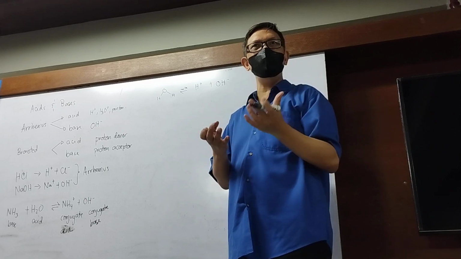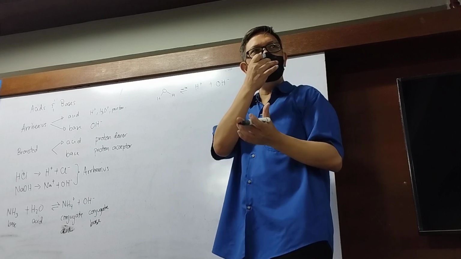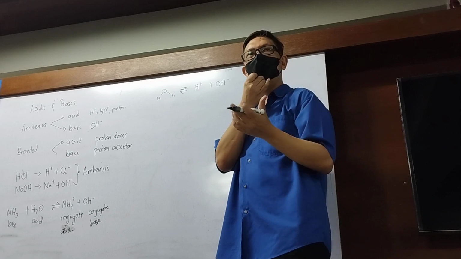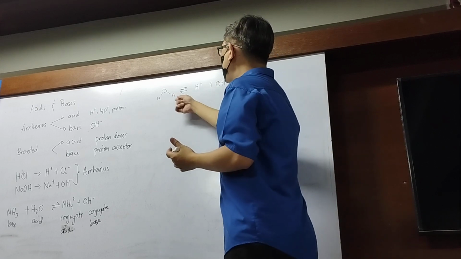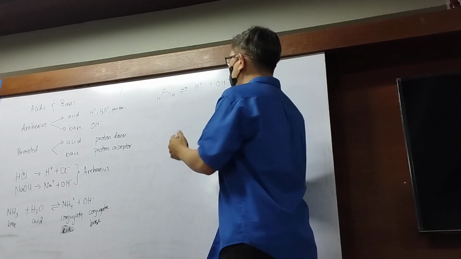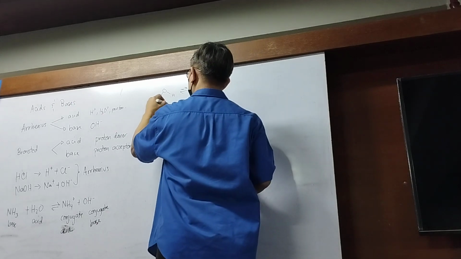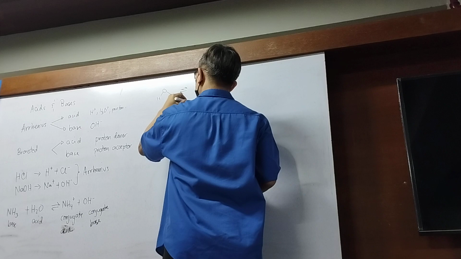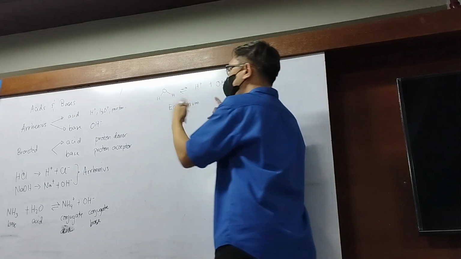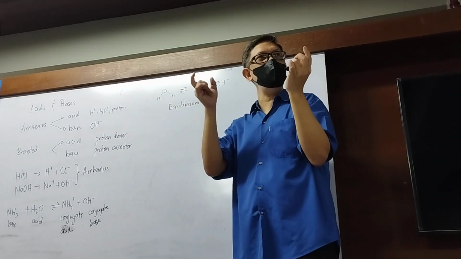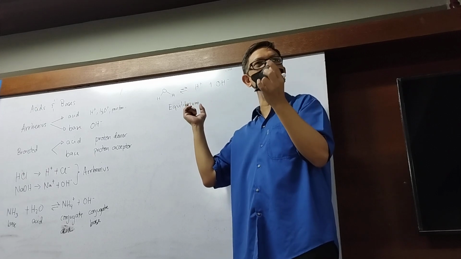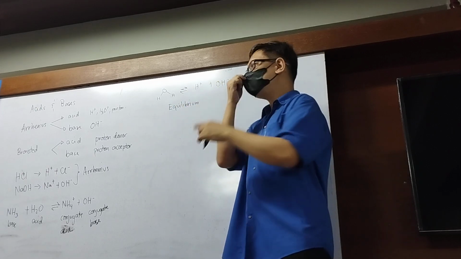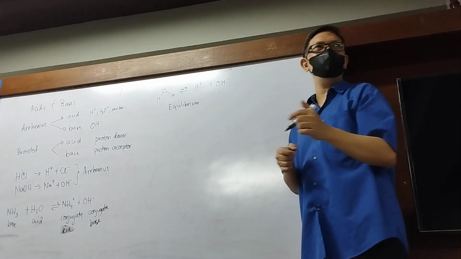Even if the water is distilled water, there is H plus and OH minus in solution. Okay? So this is a balancing act. We call that equilibrium. So constantly you're splitting the water into H plus OH minus, and H plus OH minus combines to form water. So it's an equilibrium, okay?